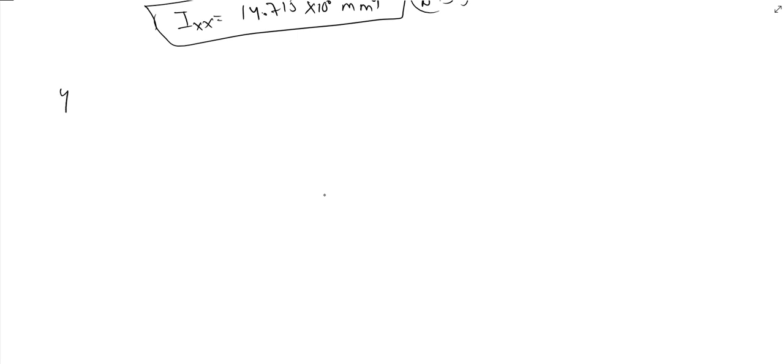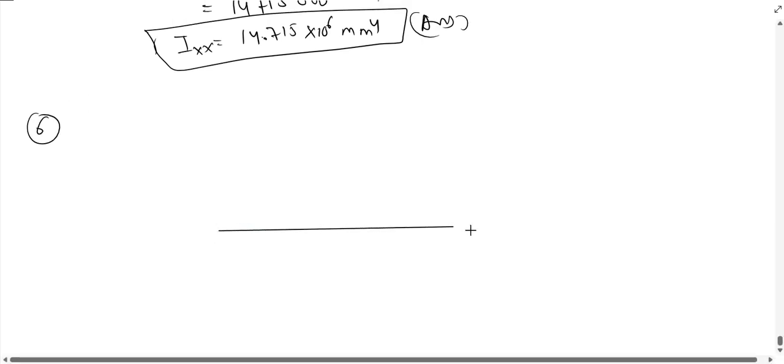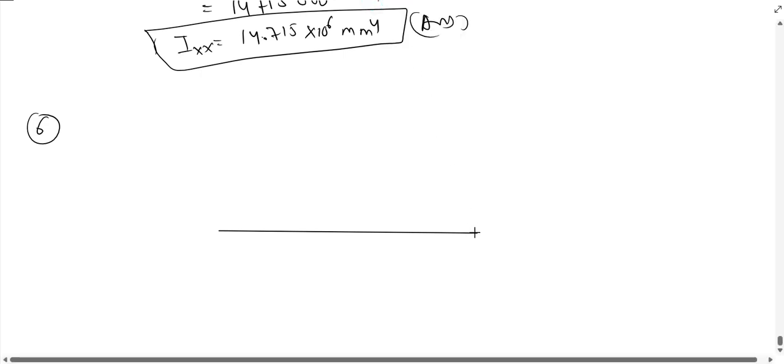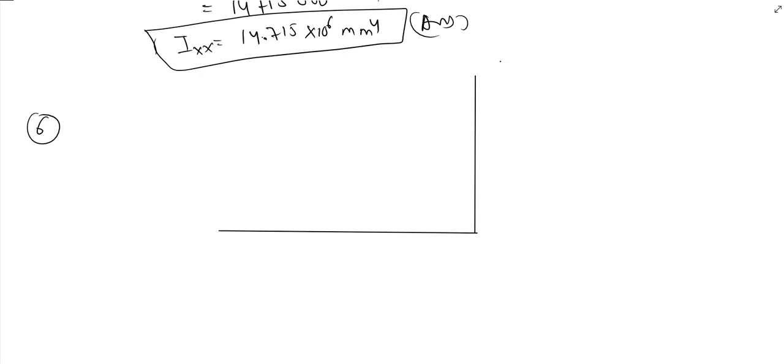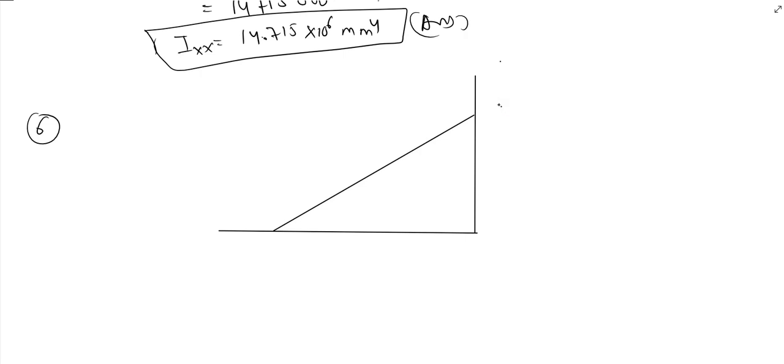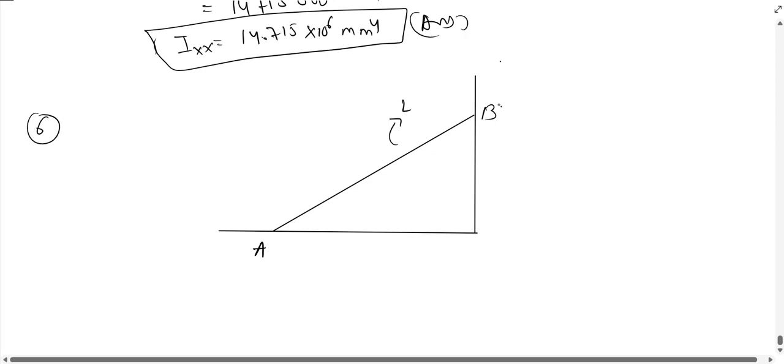Question number 4. This is our floor, and this is our wall, and in between this floor and wall a ladder is there. This is our ladder, and the ladder is AB.